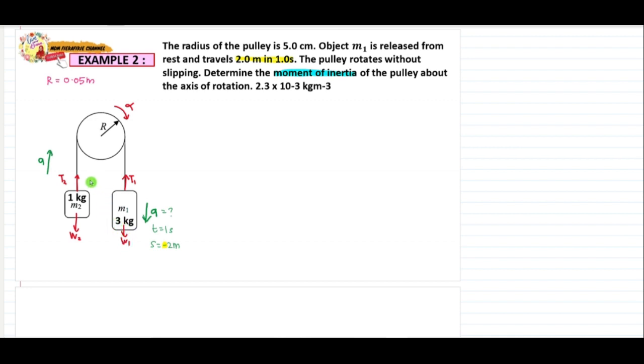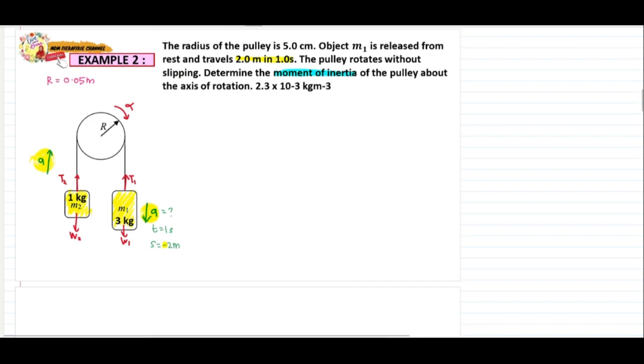Remember that the motion of both masses M1 and M2 is linear motion. Note that here it is A, not angular acceleration. This object will move in linear motion because it goes upward, and this object moves straight downward, so it is linear motion.